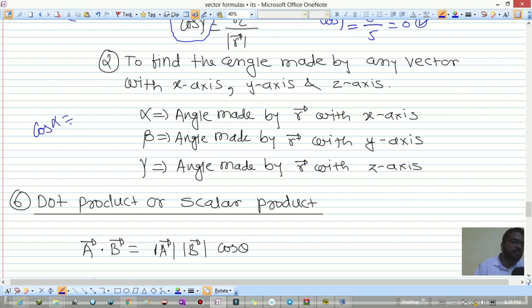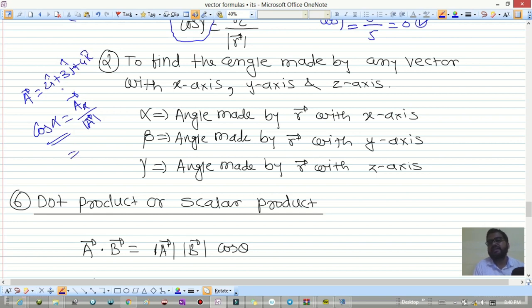If they want you to find the angle of vector a bar with the x-axis, what you have to find is cos alpha. A x bar divided by the magnitude of a bar is the cos alpha. A bar is given, suppose, as 2i hat plus 3j hat plus 4k hat.